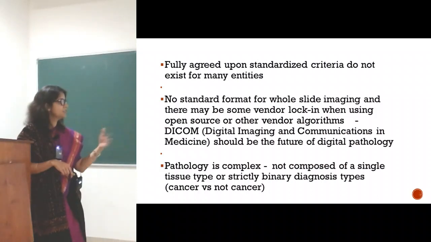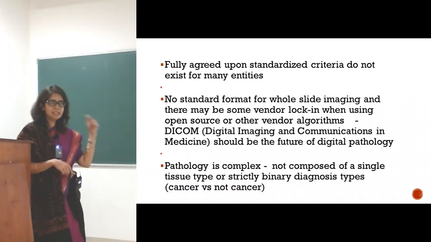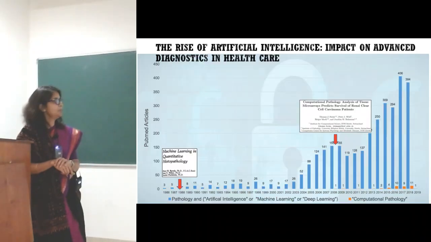In histopathology, it's a very evolving science, and we don't have DICOM. When we scan our images in different scanners, all the information is not freely shared with other vendors. When you're using open source algorithms, you may not get all the information, which is limiting for us right now.